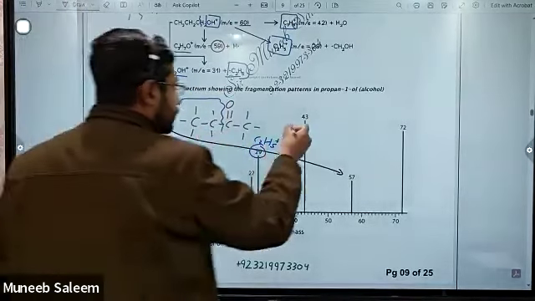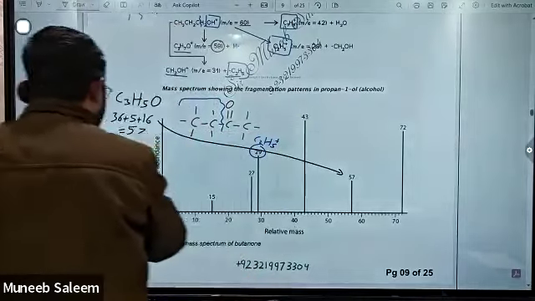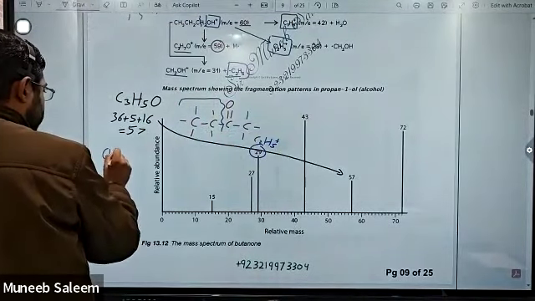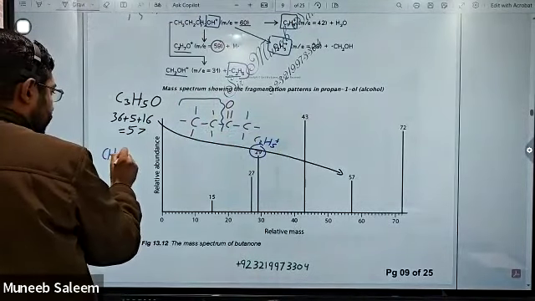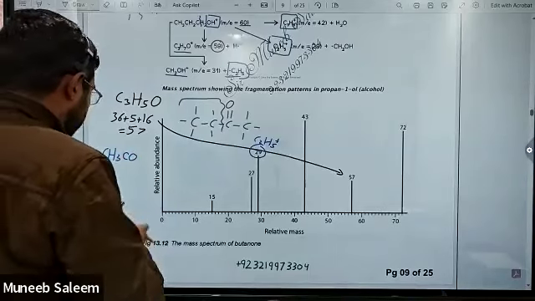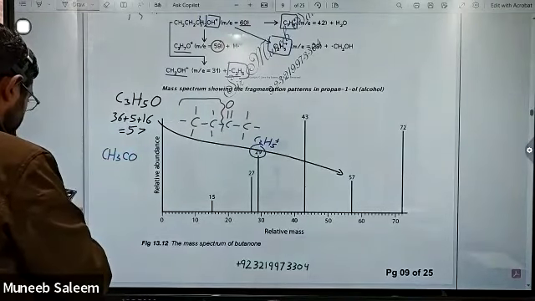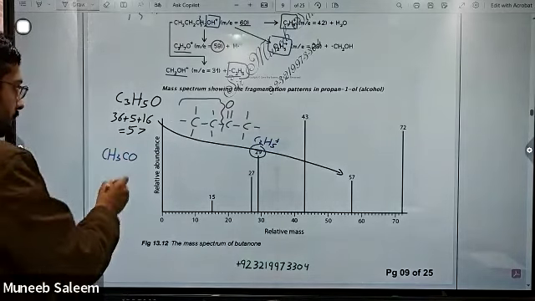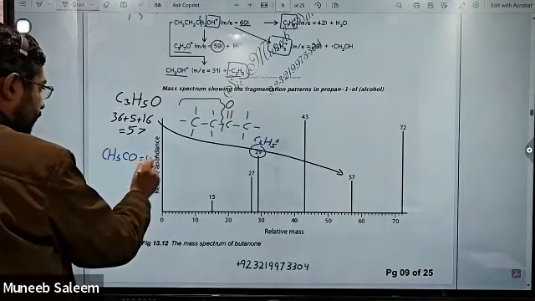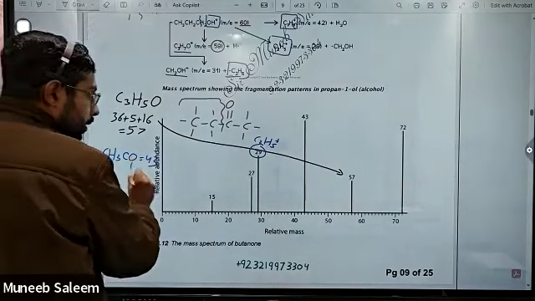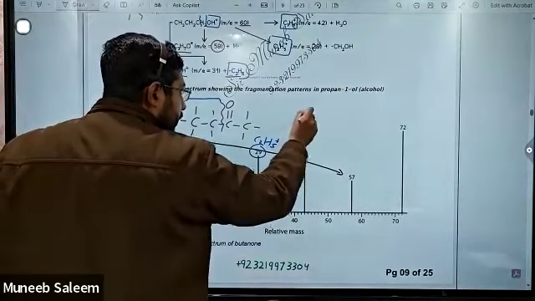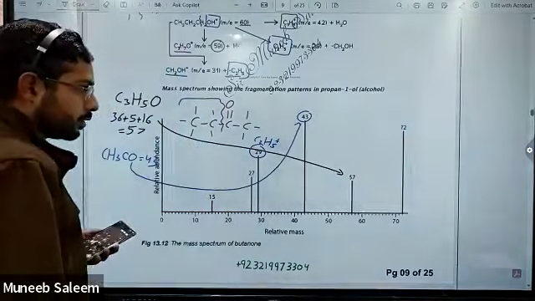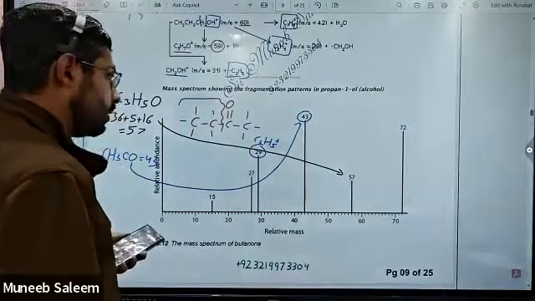And the other part is CH3CO, which is equivalent to 43. Now this fragment is mentioned here, and this is the base peak because its intensity is highest.